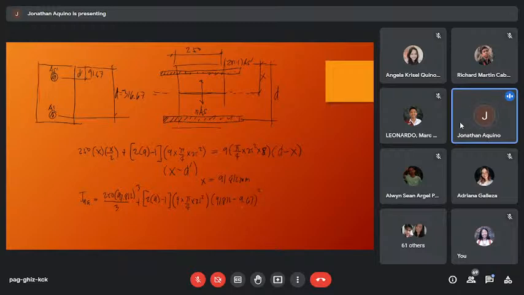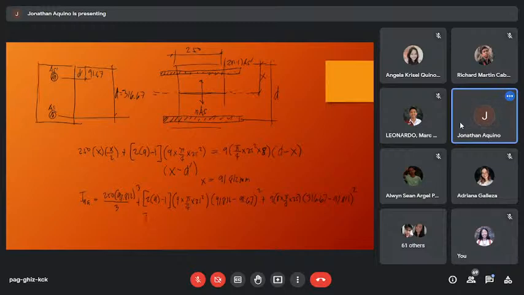Imagine, our steel is very close to the centroid: 91.67 versus 91.81. Plus the tension bars, n times AS, 9 times the area of the 8 bars of 25 millimeter diameter, times D minus X squared. Our D is 316.67 minus X of 91.812, squared.